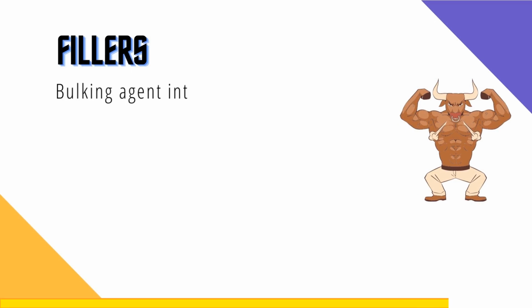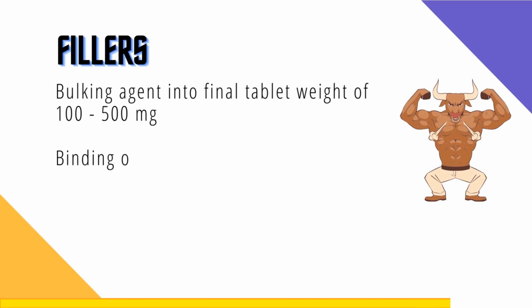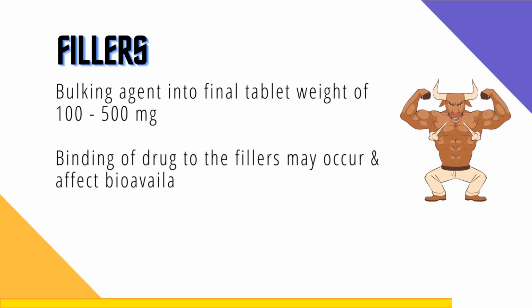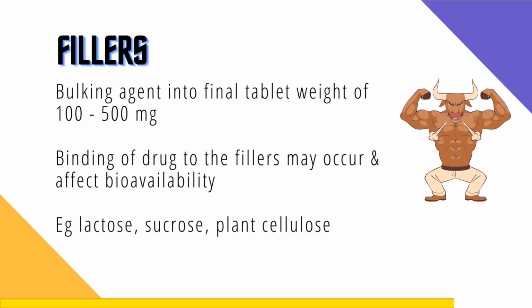Next, we'll talk about fillers. As we know, the active ingredient of the drug is present in the tablet at a very small amount, can be up to like 1 mg, 5 mg, which is very, very tiny and impossible to hold. So the fillers act as a bulking agent to bring the final tablet weight to 100 to about 500 mg.